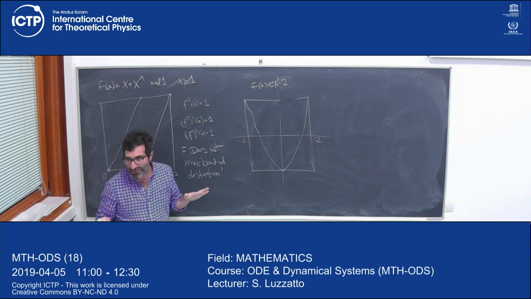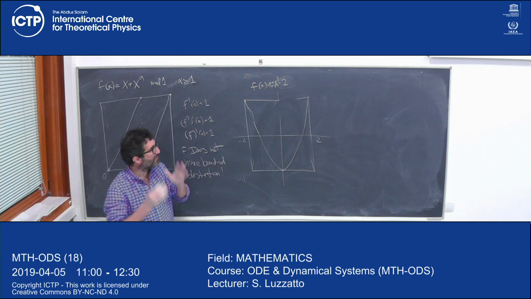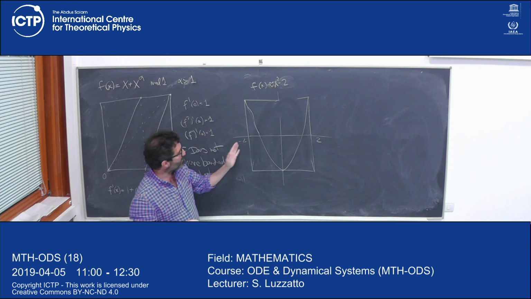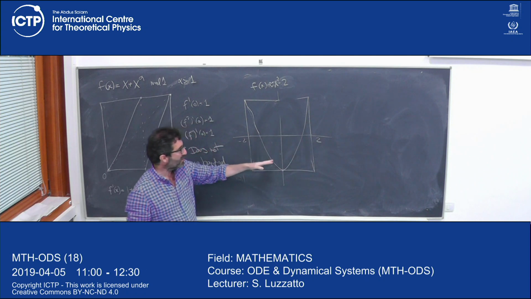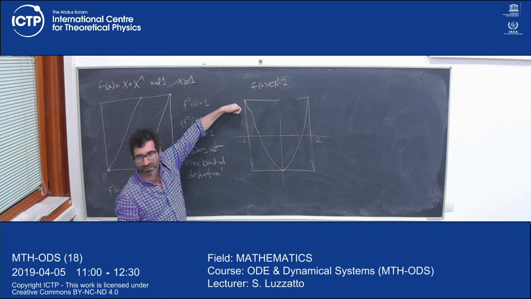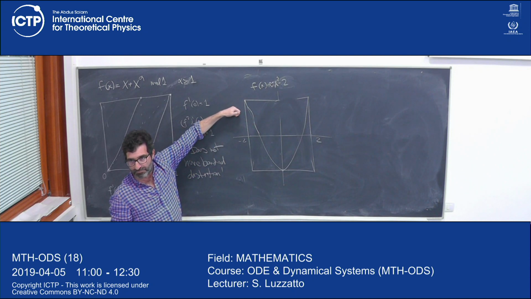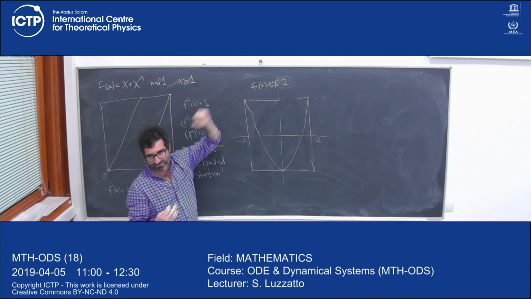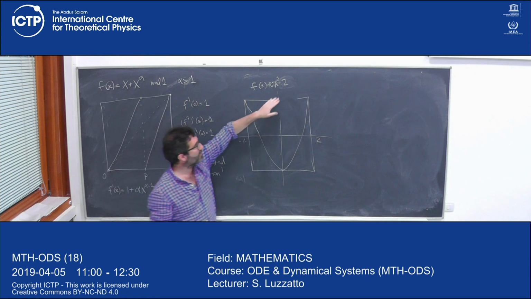Then it is no longer conjugate to the tent map, because the conjugacy depends on the fact that we have exactly this. And of course, the previous measure will no longer be invariant for this map. So that conjugacy argument worked only for this particular map.